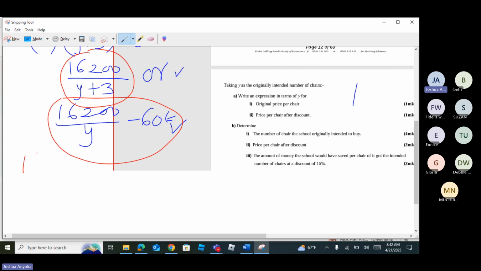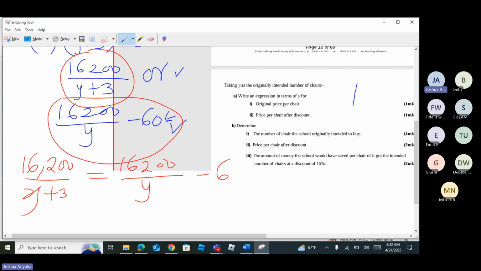We can go ahead and equate 16,200 over y plus 3 to 16,200 over y minus 60. That's one way.